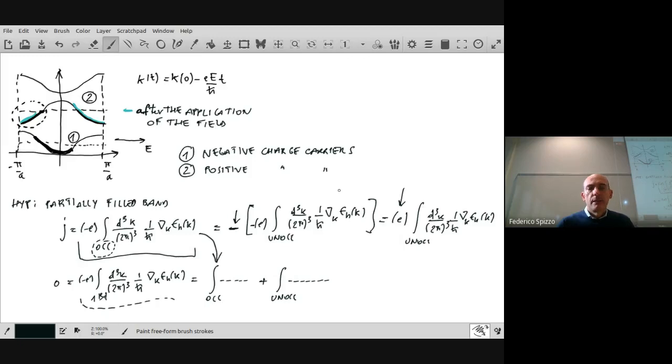At that point, they didn't know how to handle that result, because in principle the mobile particles are the electrons that are negative, not ions that are positive, as the ions are fixed in their positions, so they were not expected to carry any current. But the shape of the band structure and the approach of having the bands here allows us to use two different ways of considering the charge carriers of the system.